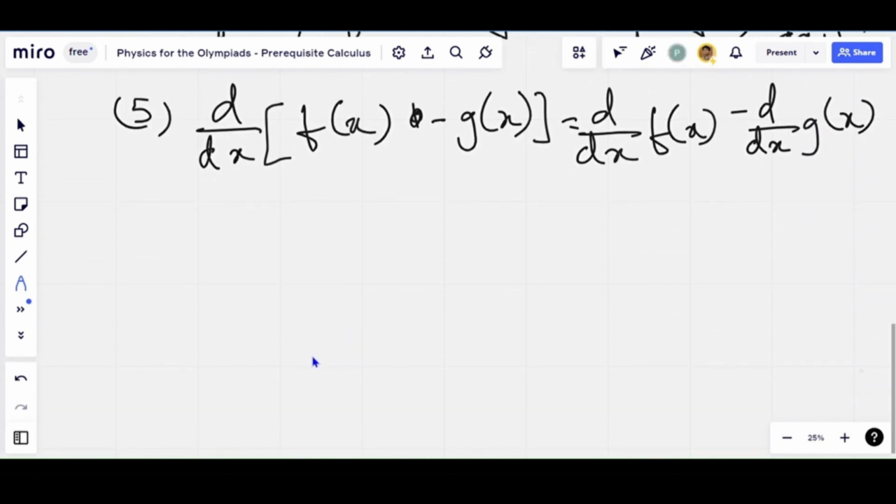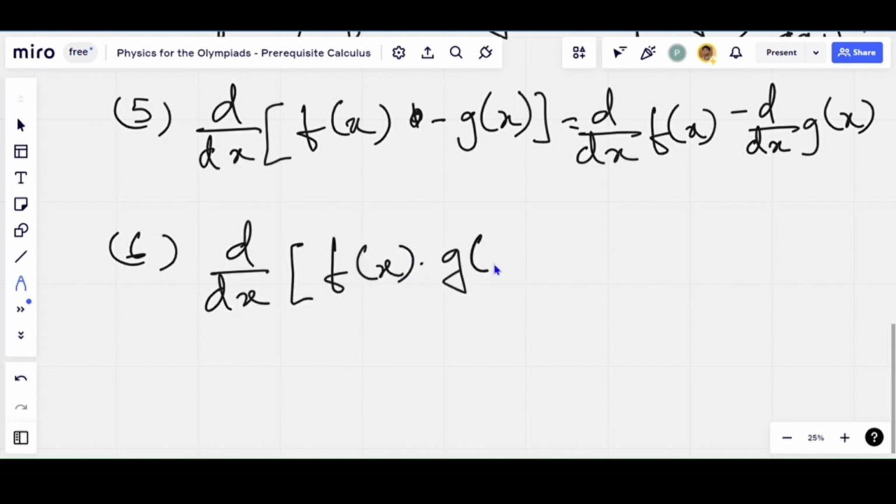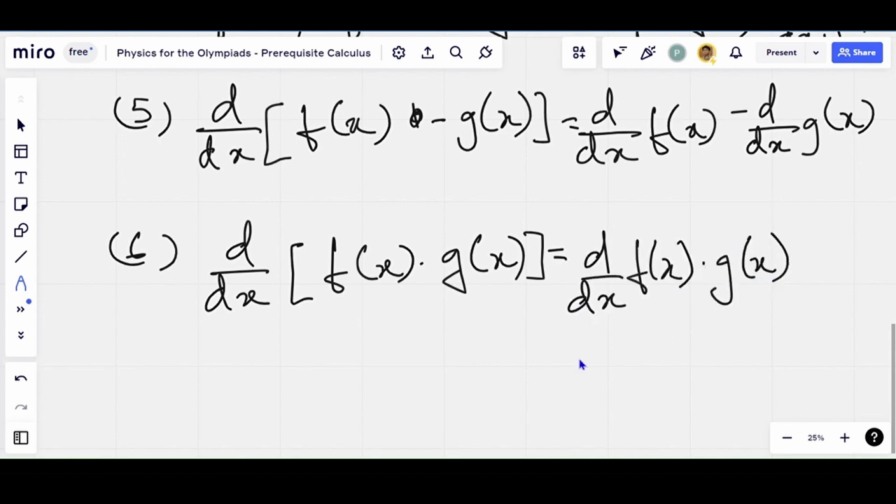Next, we come to the product rule, which says that d by dx of f of x into g of x is d by dx f of x into g of x plus f of x into d by dx of g of x.